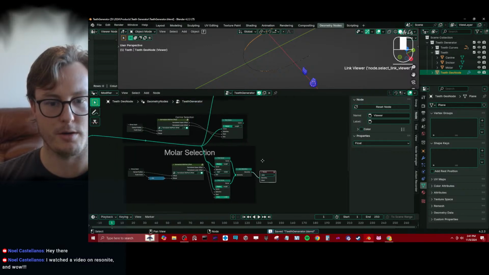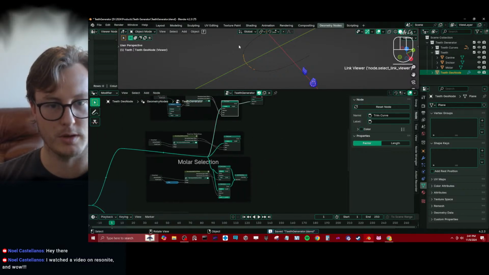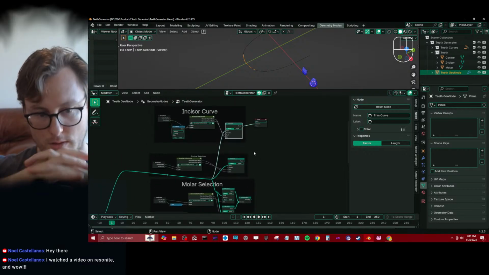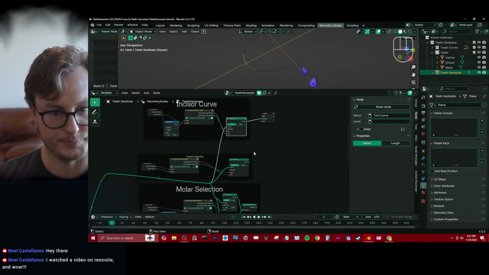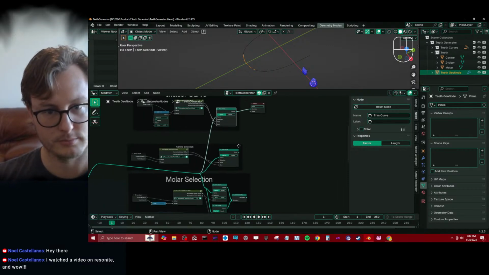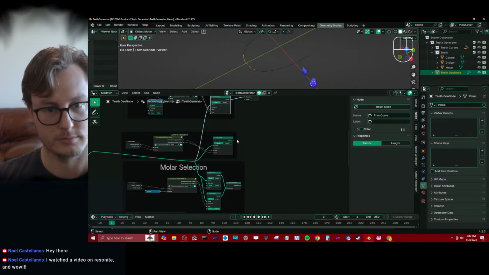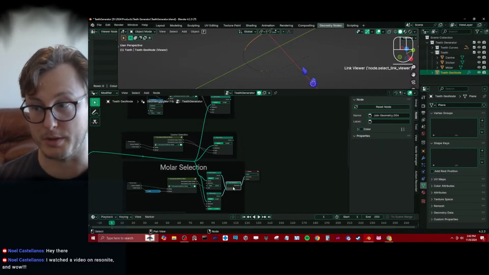Okay, so now between the two, we've been able to isolate this curve. And now we have both of these. So that's where we're going to put the incisors.